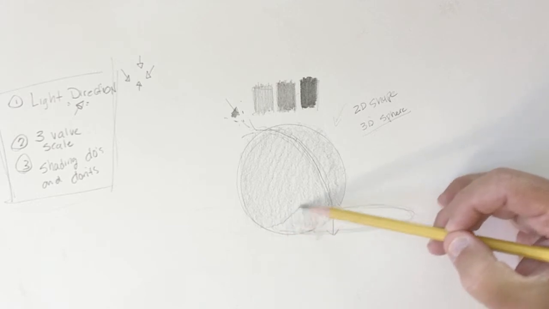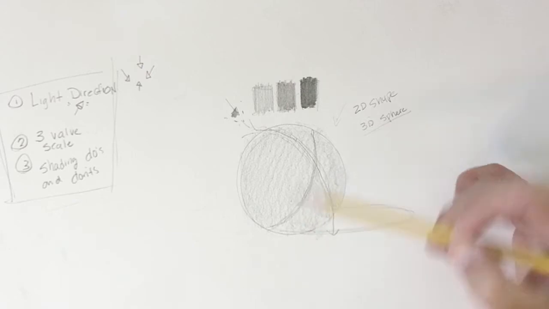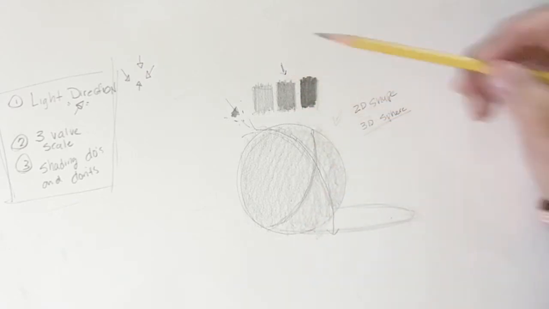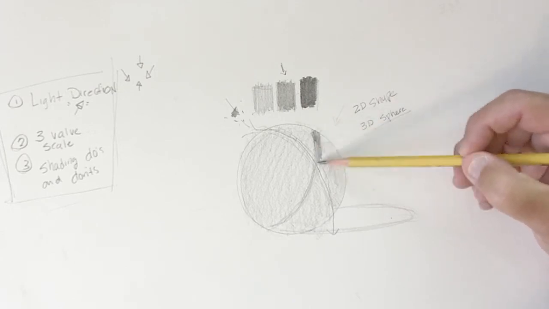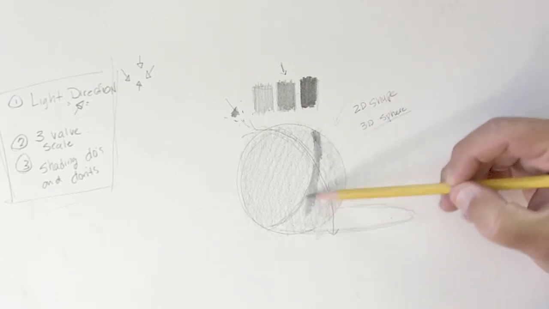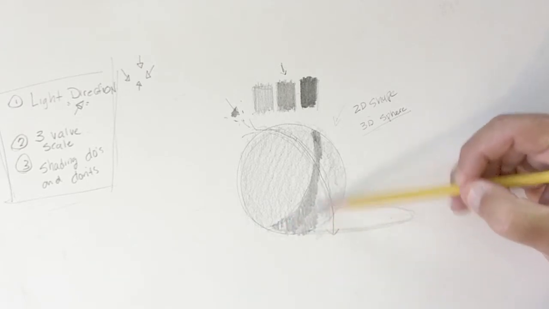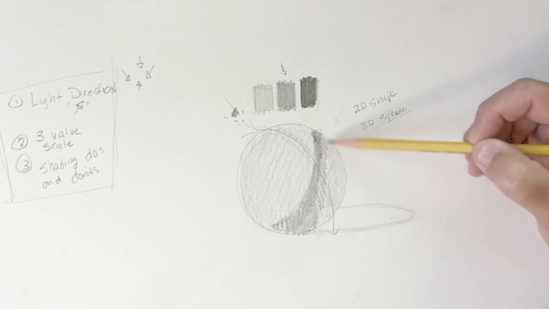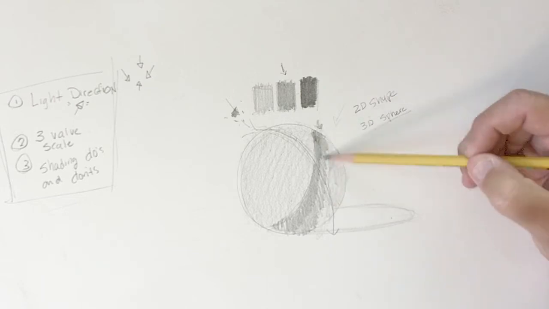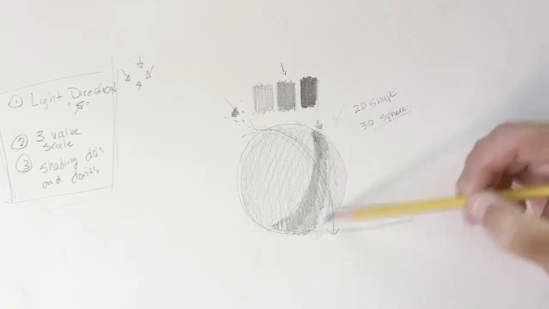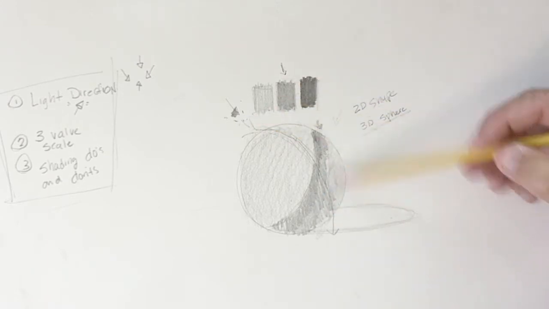So what we need to do is we need to establish what we call a core shadow. A core shadow is usually around a number 2, and the core shadow tells me where the light is starting to bend over the object, causing a shadow. Okay, so this is where the ball and the light meet, and the light is bending over, and on this side, because it's away from the light source, is going to be in shadow.